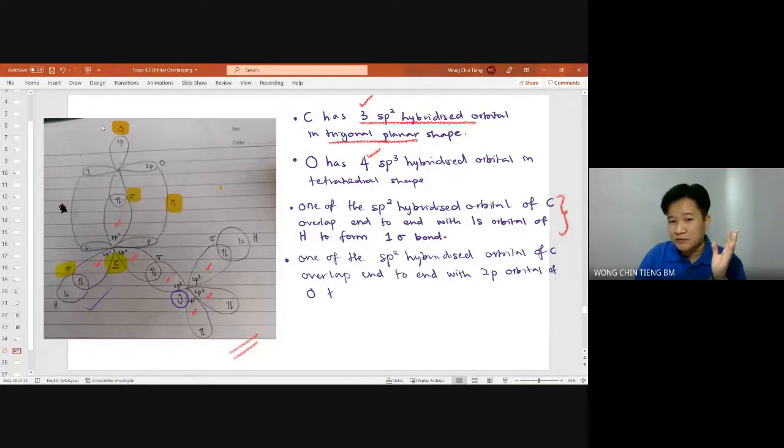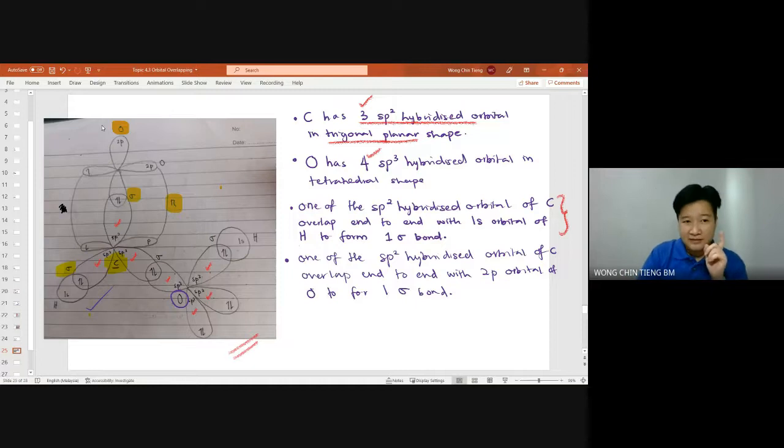And masih sama to form 1 sigma bond. And this is the easiest sentence structure that I can give to you. Saya tak nak ayat pelik-pelik. Saya hanya nak yang paling simple. Siapa, overlap macam mana, dengan siapa. Habis cerita. Okay? Saya tak nak benda lain.